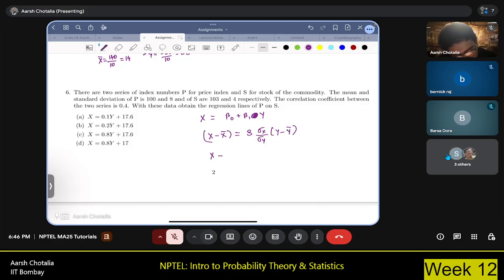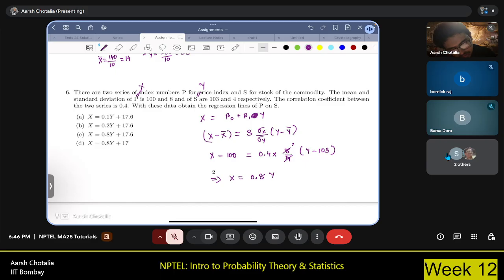Okay. So x minus x bar is x minus 100. This is our x, this is our y, rho is 0.4, sigma x by sigma y is 8 by 4, and y minus 103. So we get x is equal to 0.8 y, right?